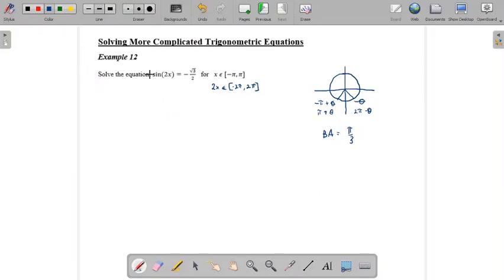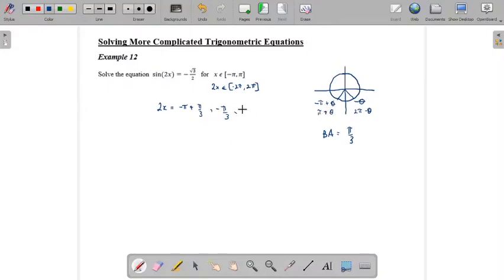Now, the first thing we're doing when we're solving, we actually have to solve for 2x first. So 2x will equal these four solutions that we've got. Negative pi plus our basic angle of pi/3, then negative theta, which is negative pi/3, and then we go around to here.